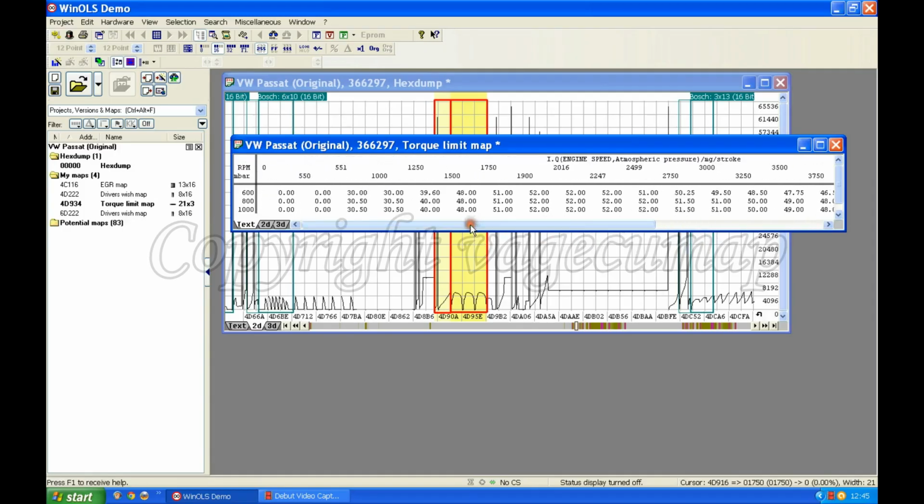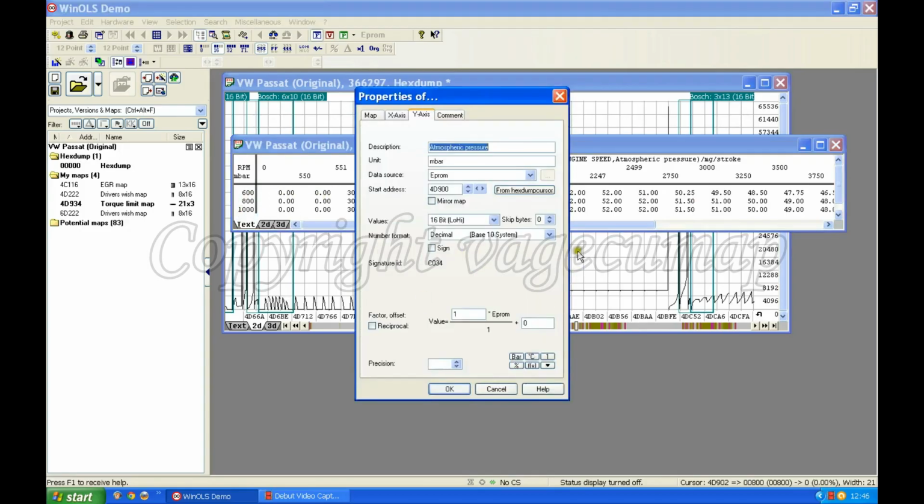Right, let's come back down to the end here. What are these? Unless you've looked this up or looked at the little sign above, you'd be hard put to guess what 600, 800 and 1000 are. We've got 3 rows. I'll just double click on them, and what they actually are is atmospheric pressure measured in millibars.